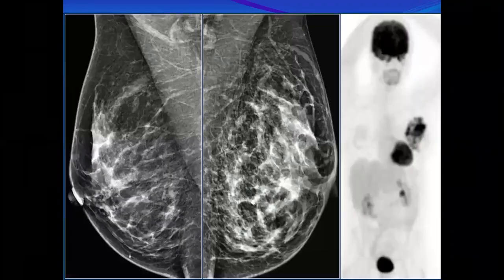So what are the differential diagnoses for global asymmetry? We described it before. Either malignancy, but commonly it is due to a normal variant.